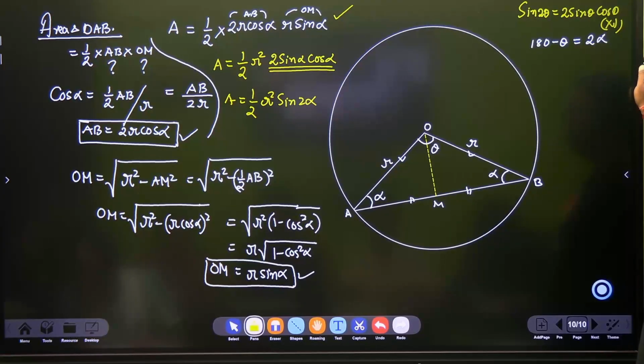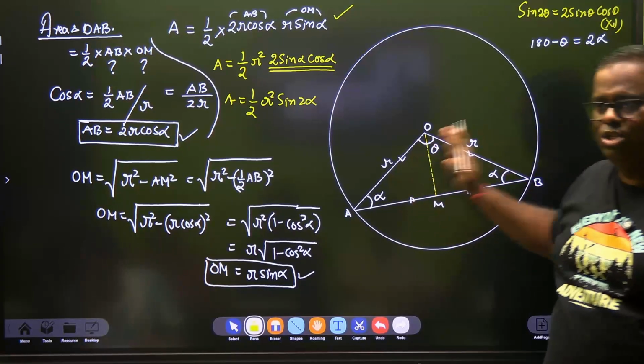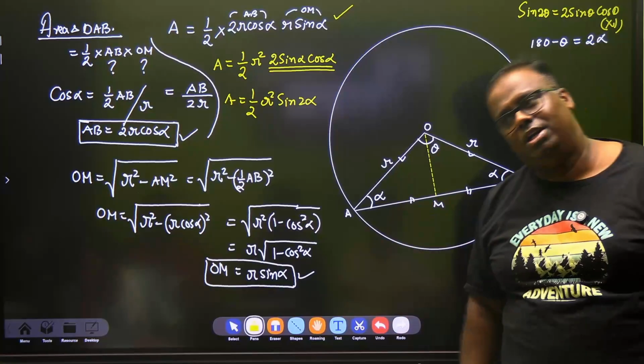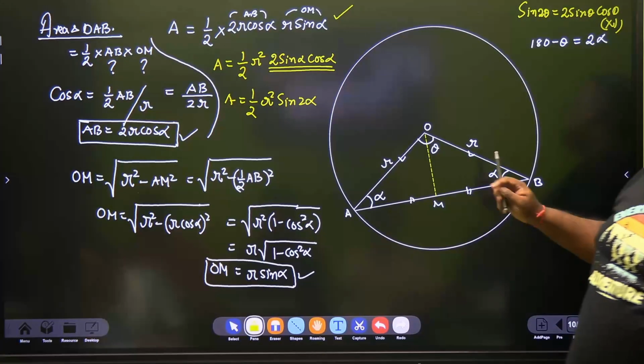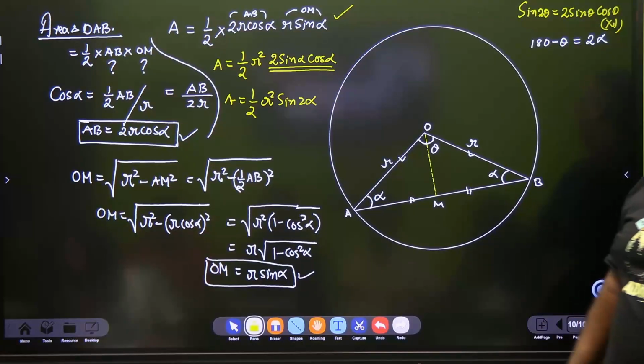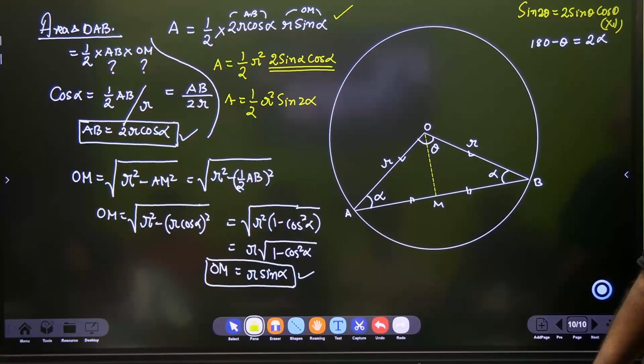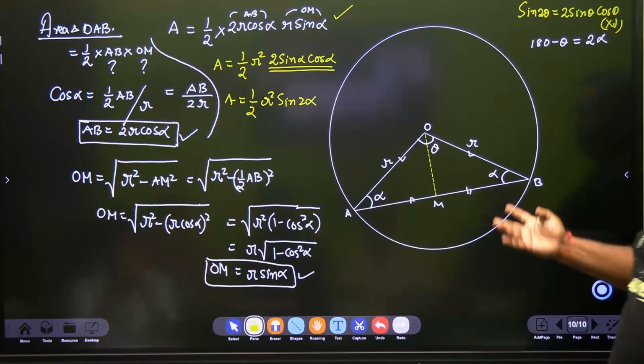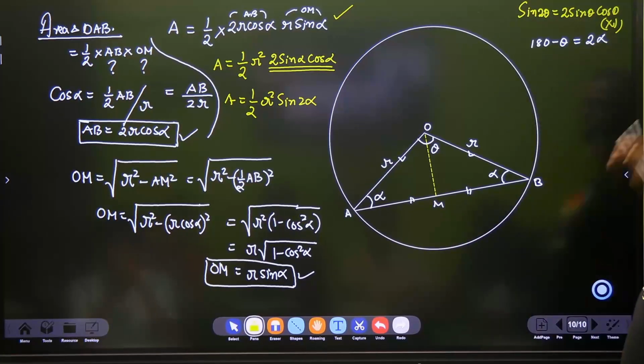For that, I will use trigonometry for one side and Pythagoras theorem for the other side. Bas, job done. Samjha? Chord length or angle will be given to you. So this is how you find out area.